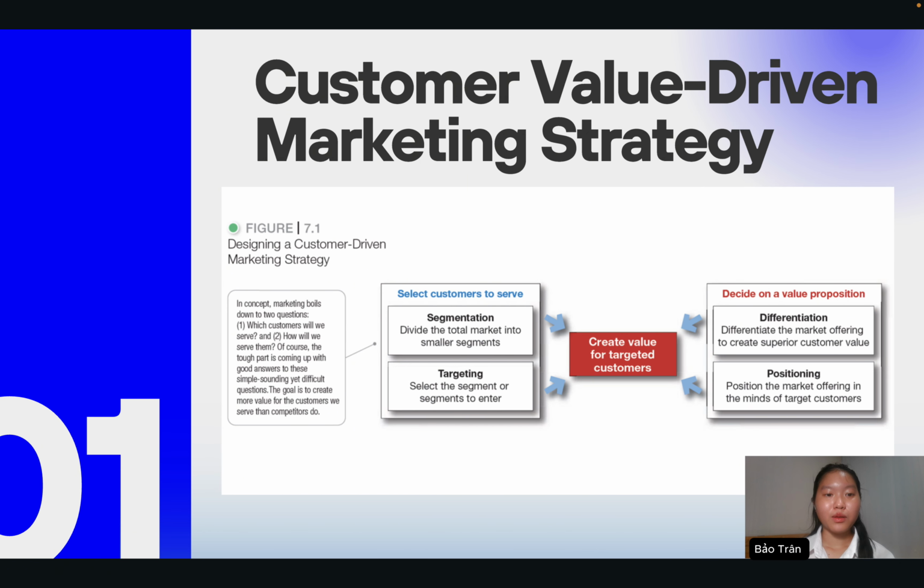Segmentation divides the market into groups based on needs, characteristics, or behaviors. Targeting evaluates each segment's attractiveness and chooses which to serve. Differentiation creates superior value for customers, while positioning places their offering clearly in the minds of target customers.